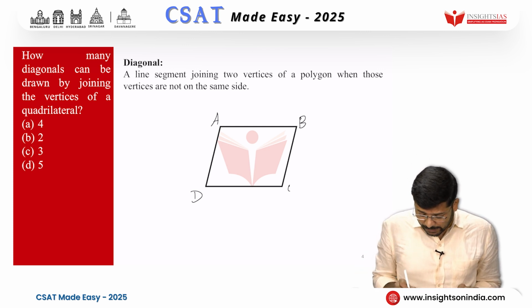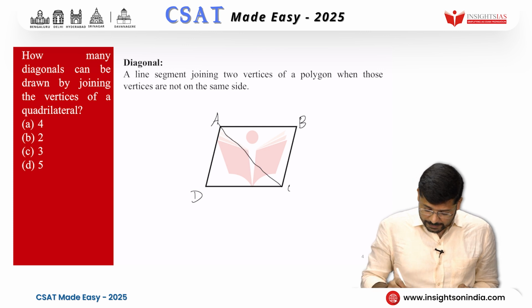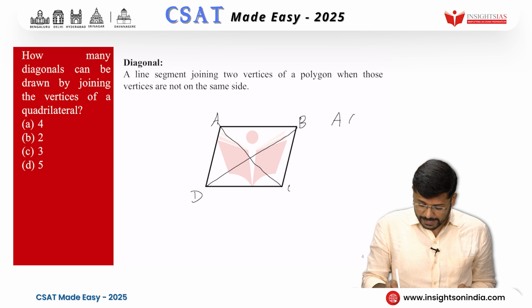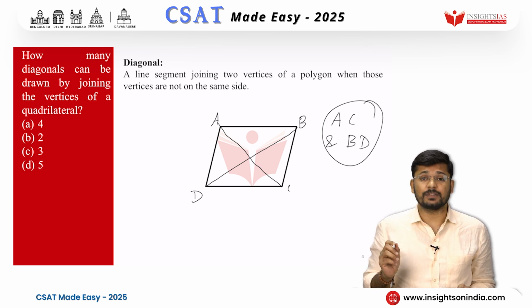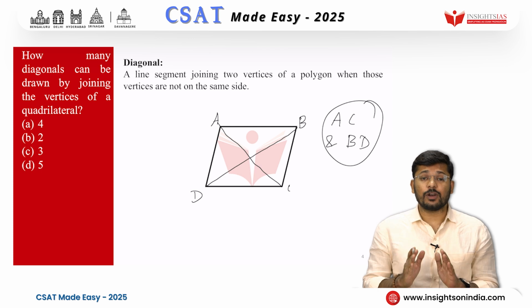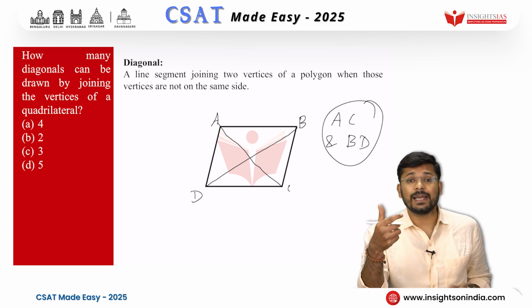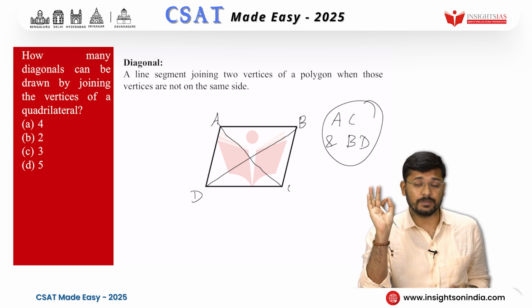However, there is no line between A and C and there is no line between B and D. So these 2 lines AC and BD are called diagonals. So if 2 points are not connected by a side of the polygon, then if you connect them, that new line will be called a diagonal.